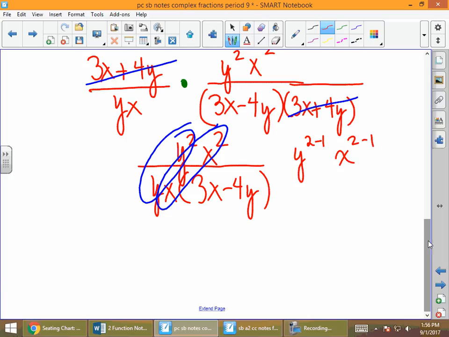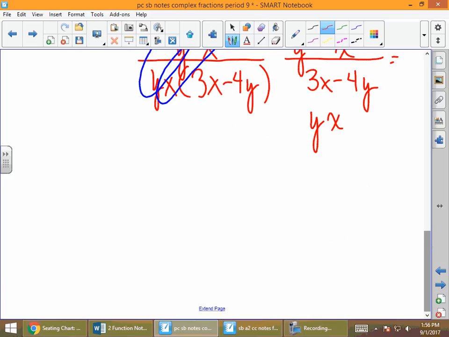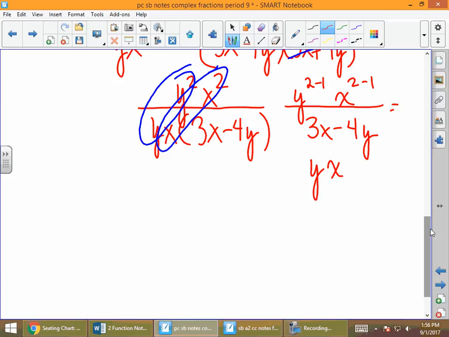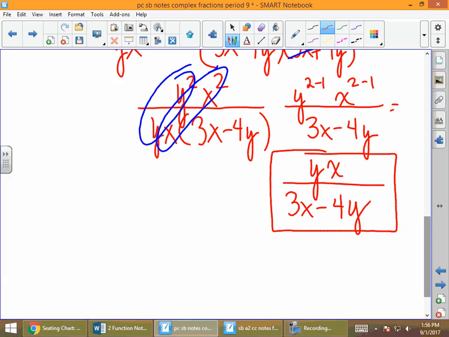It's going to be x to the 2 minus 1. And then we've got 3x minus 4y. And finally, what that gives us is, 2 minus 1 is 1, so it's y to the first, x to the first, divided by 3x minus 4y. And again, do not cancel.